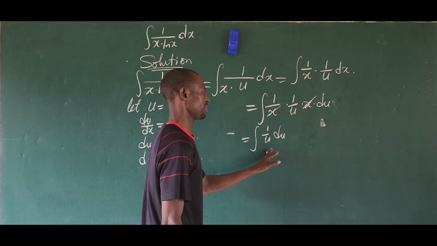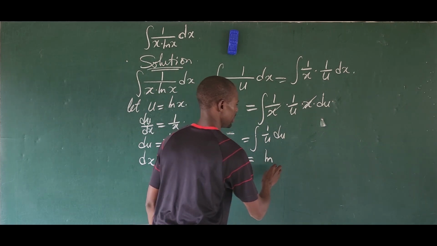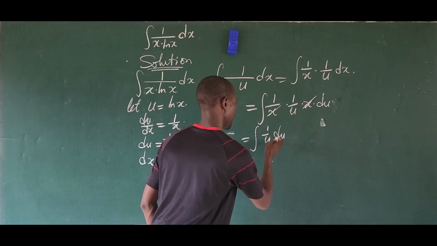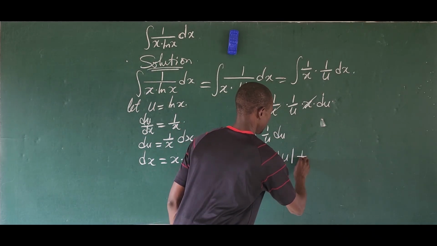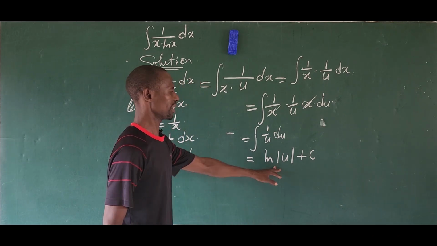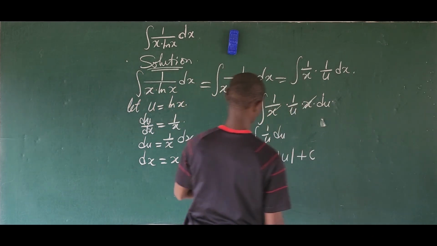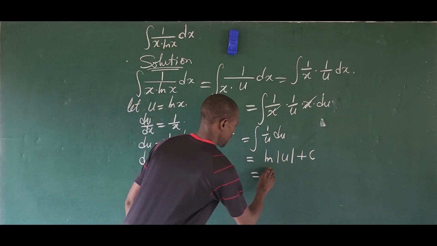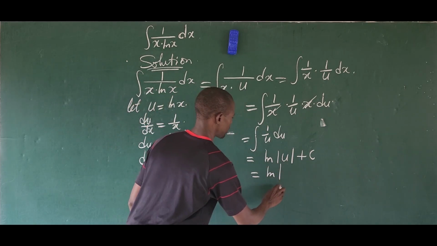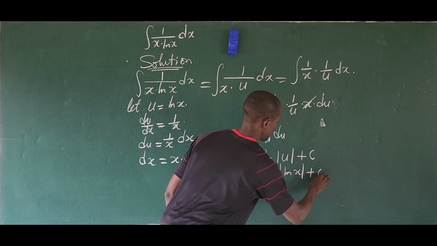So from here, if we integrate this, it is going to give us ln of the absolute value of u, okay, then plus c. But what is our u? Look at what we said we should put for our u. So we have u to be the ln of x. So if we do this, it is going to give us our ln of the absolute value of ln x, then plus our c.